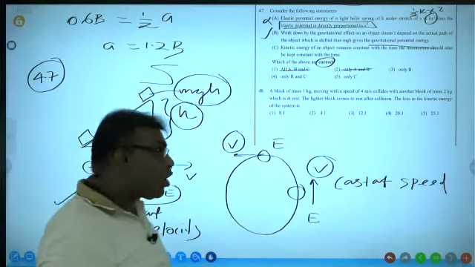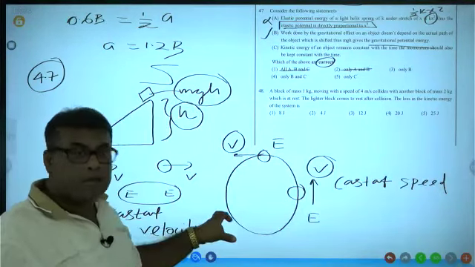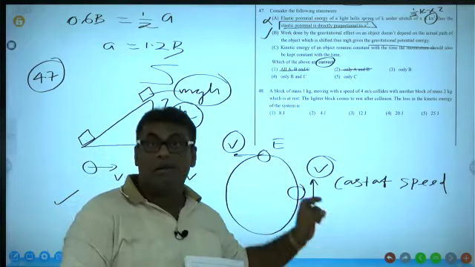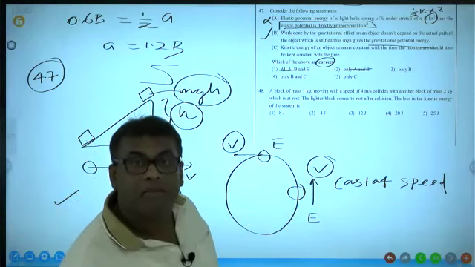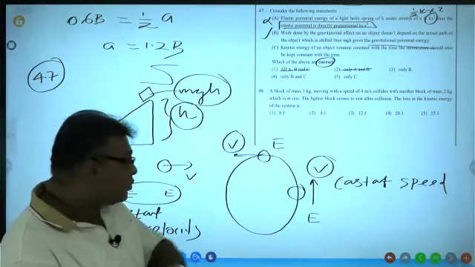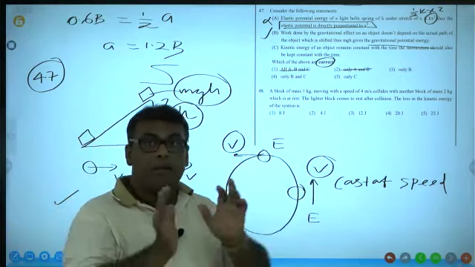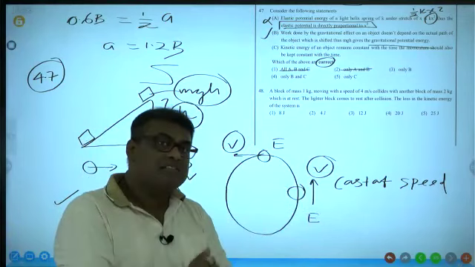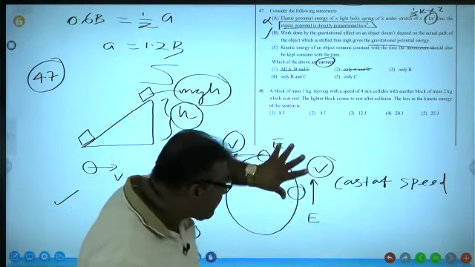Constant speed on a circular path means never constant velocity. Is that clear? Momentum involves direction. So on a circular path, what happens to momentum? The direction changes, even though the magnitude is the same.